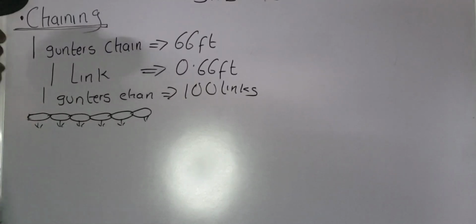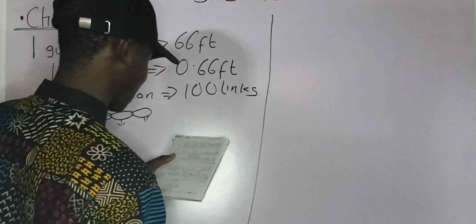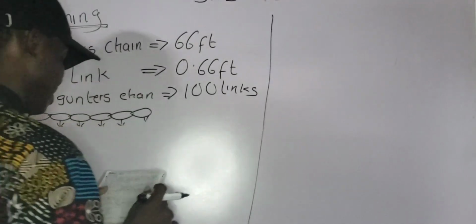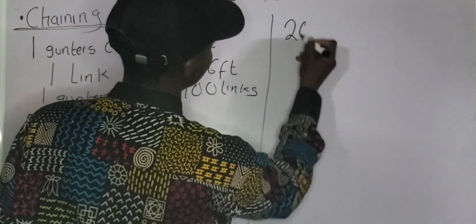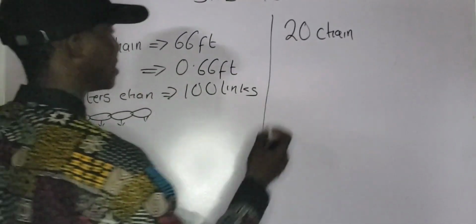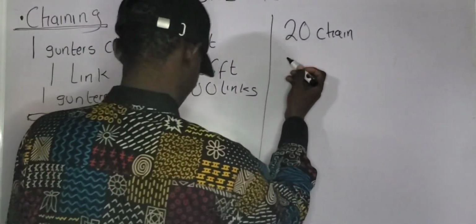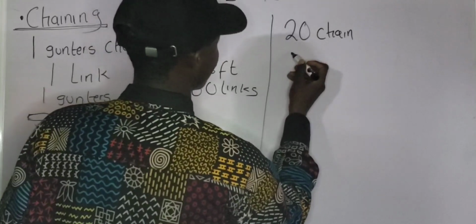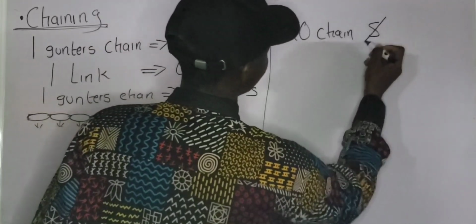Let's start by writing the parameters that we are given. We are given 20 chain and 8 link.